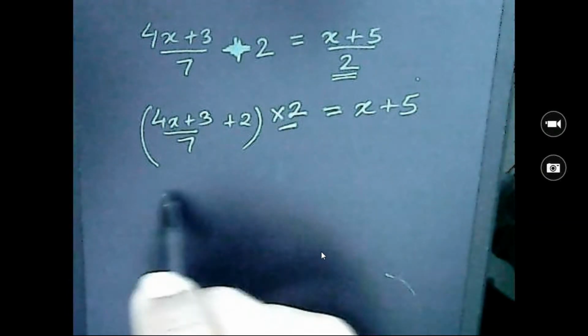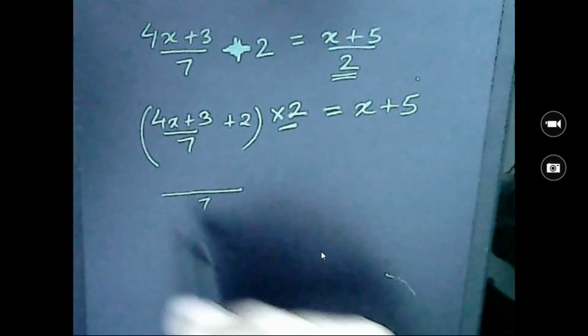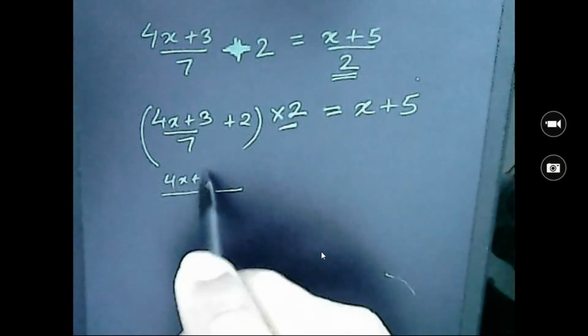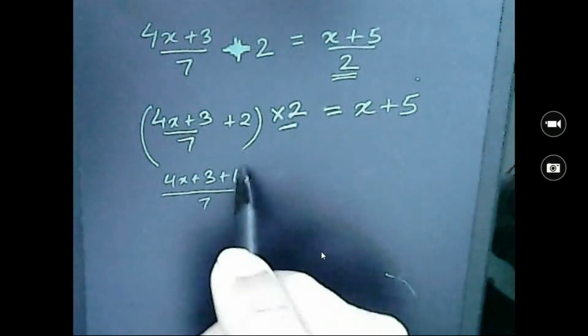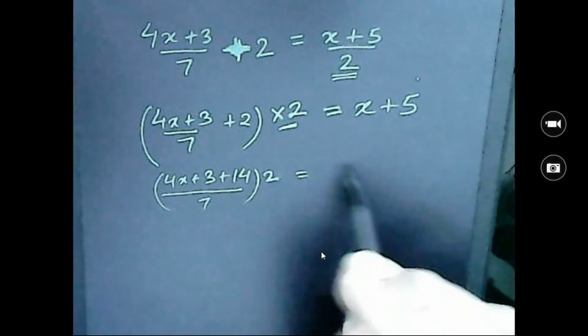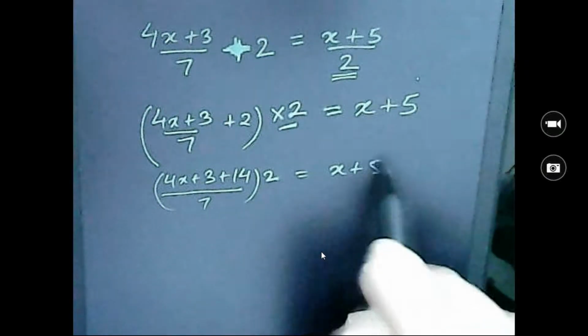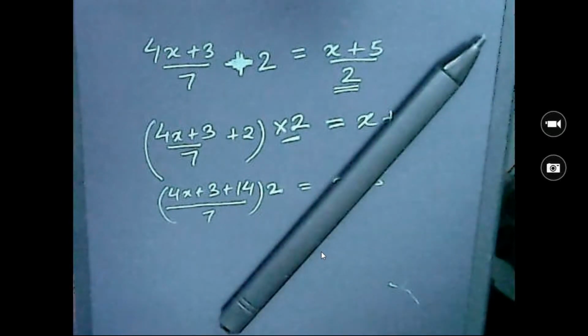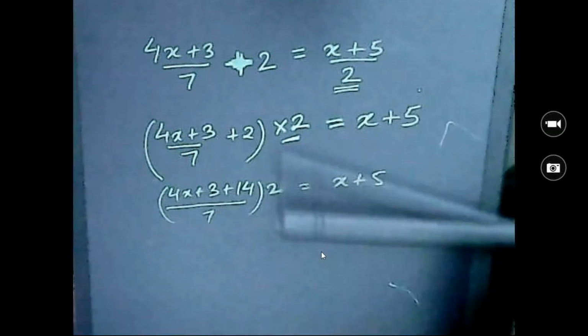So just take LCM first of all. 4x plus 3 plus 14 into 2, and that should be equal to x plus 5. Fine.